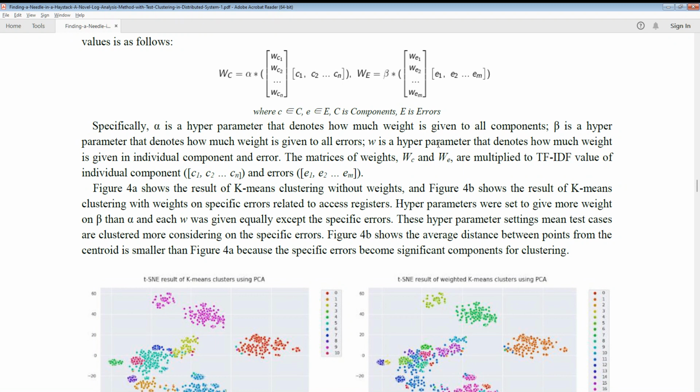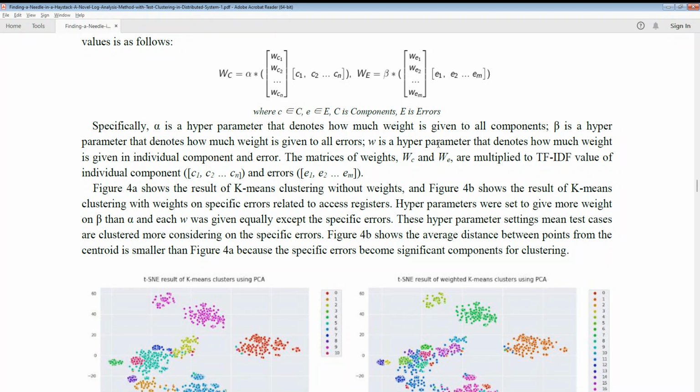Figure 4a shows the result of K-means clustering without weights, and figure 4b shows the result of K-means clustering with weights and specific errors related to access register. Hyperparameters were set to give more weight to beta than alpha, and each W was given equally except for the specific errors.